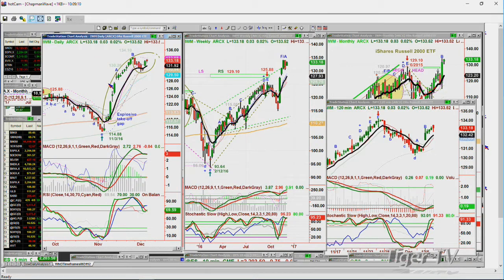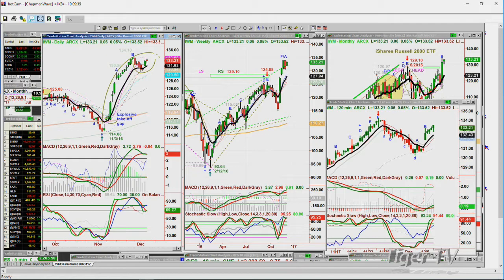So we are long the IWM via the 300% long position, but what I'm looking for is 134.11 to start leg C, and then it can chop around maybe just a tad higher for a day, and then pull back and then make a nominal D. I'm only anticipating a little bit higher to go here, and then we're going to get some kind of a consolidation.